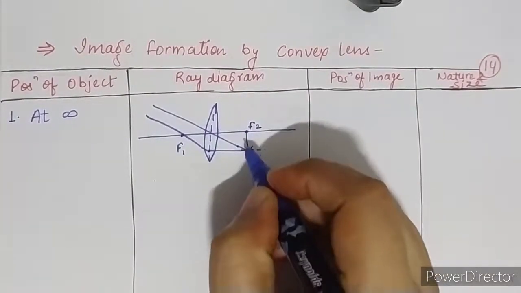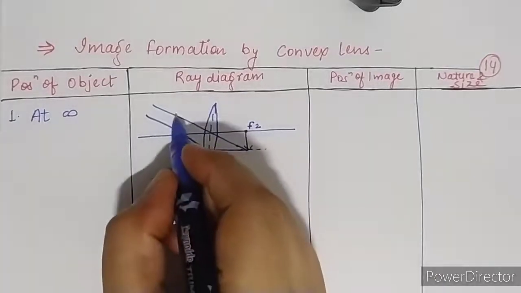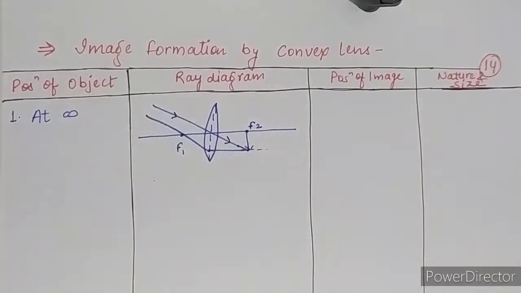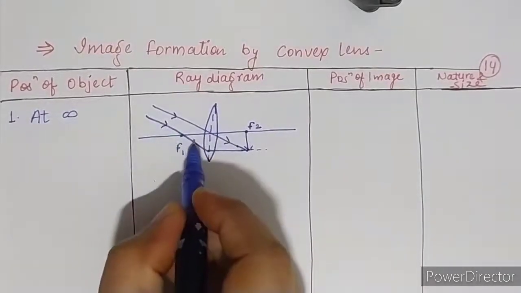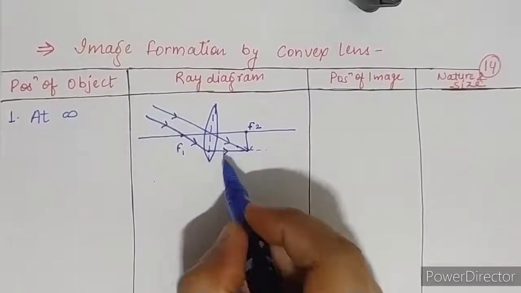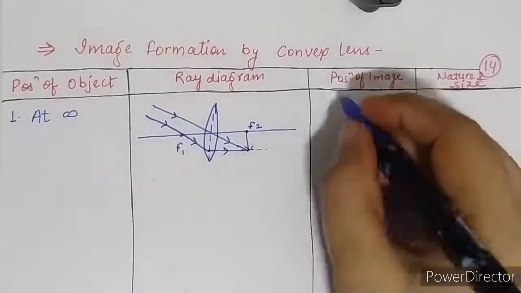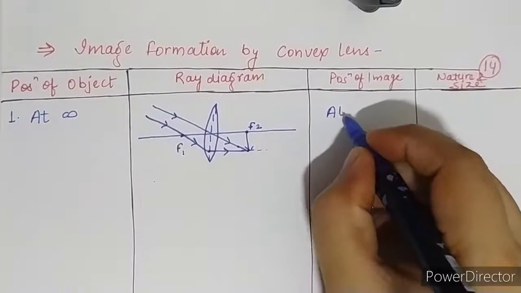Here the image has been formed. When the ray comes through the optical center, it goes straight without any deviation. When it passes through the focus, it will be parallel to the principal axis. So the image is formed at F2.